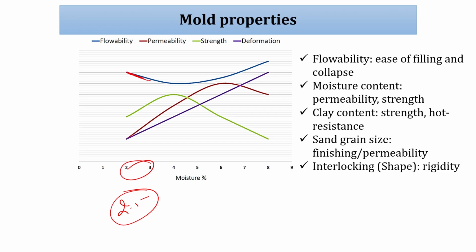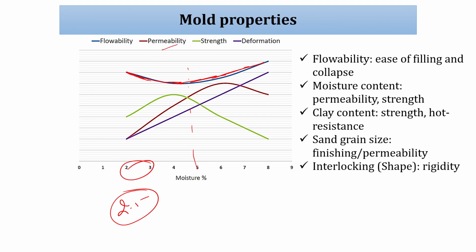As you add more water, your fluidity will become very high, it will become like jelly, it will easily flow. So for concentrations up to 4 to 5%, you will see a decrease in flowability. Flowability should not be high in our sand casting.